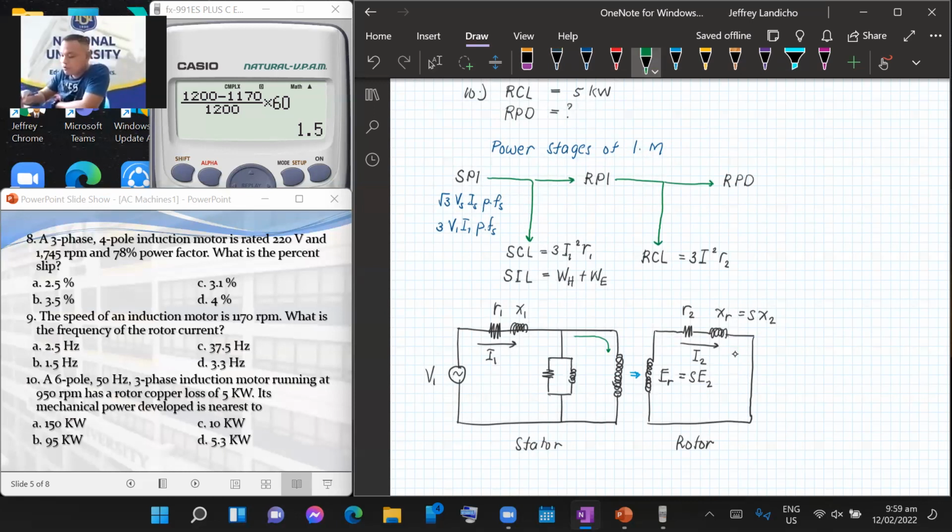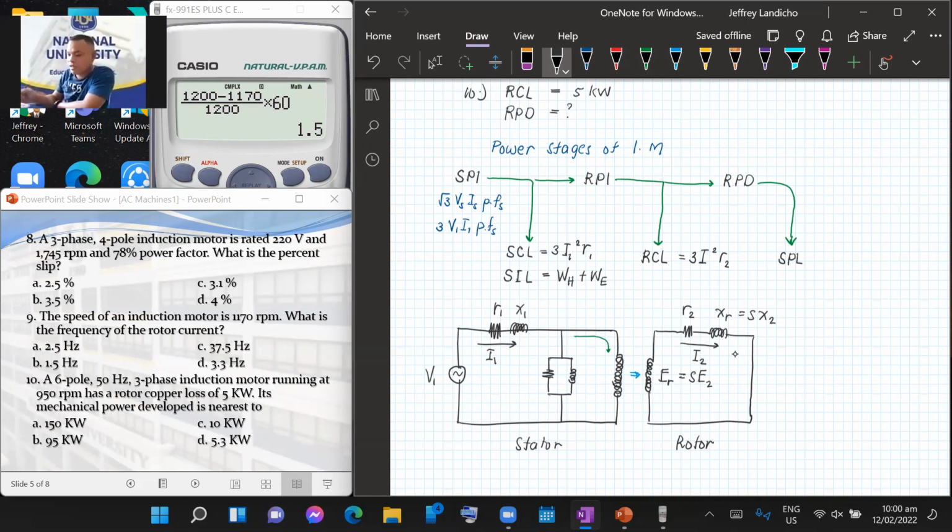So wala pa tayo sa output, so tatanggalin pa natin ngayon yung mechanical losses, the friction and windage. So si friction and windage, so dito, sino naman yung sinasama sa SPL? The friction and windage loss. So nandiyan lahat. Rotational losses.